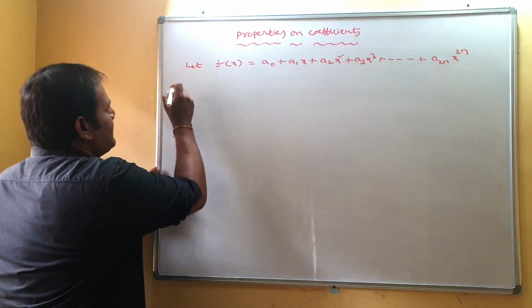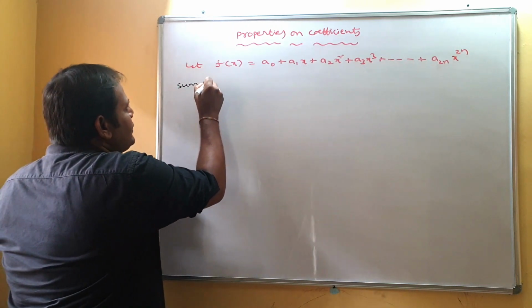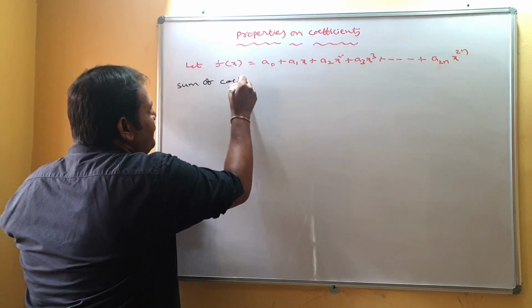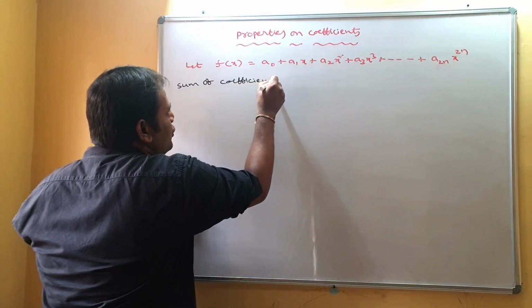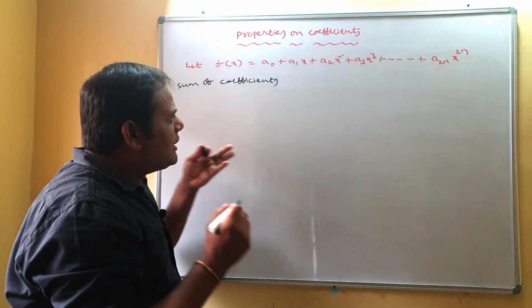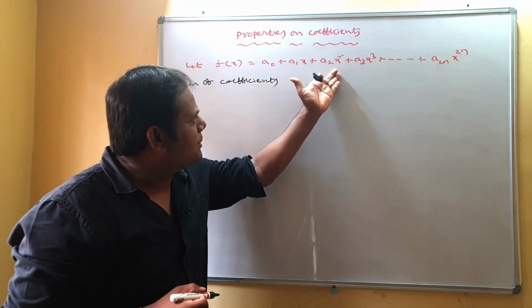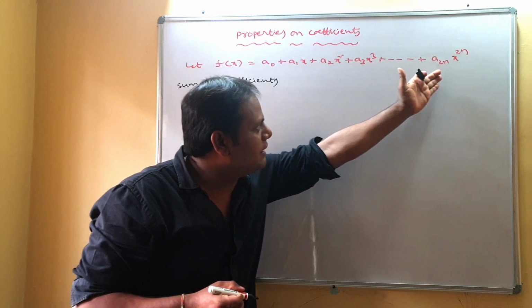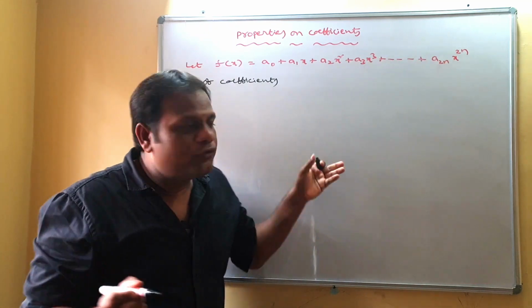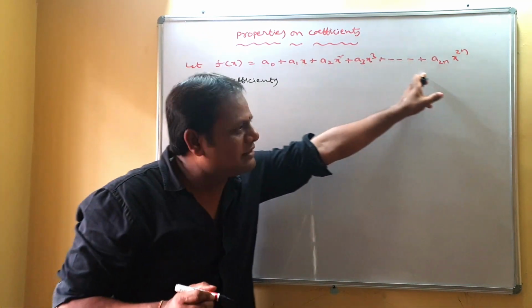Suppose I want the sum of coefficients. In any expansion, if you want the sum of coefficients, what do we want? a0 plus a1 plus a2 plus a3 till a2n. So we don't want the terms x, right?